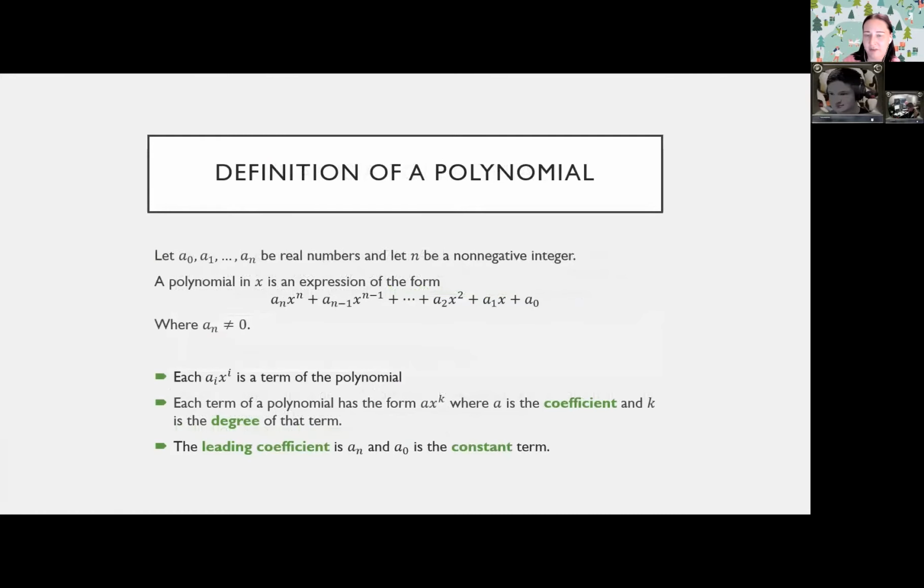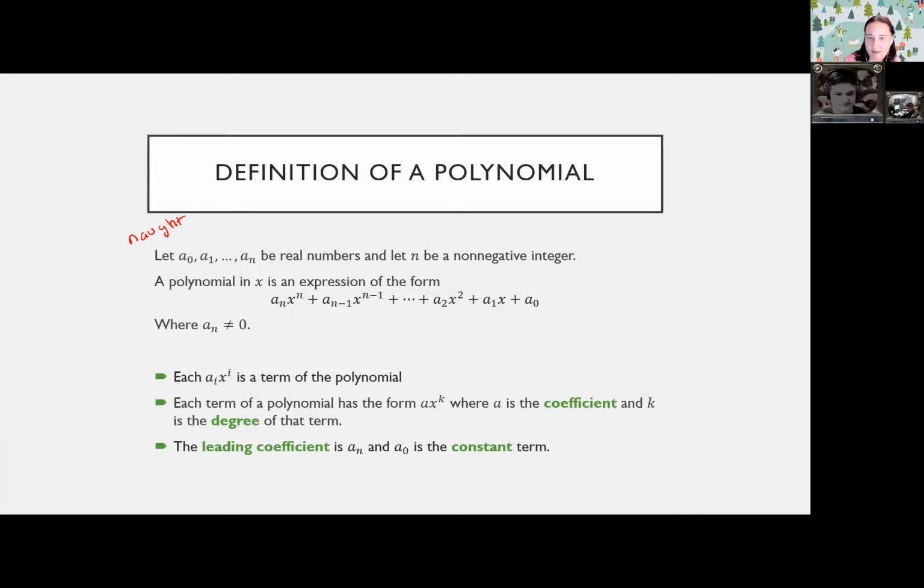So connecting that to the actual math definition of polynomial. The way that math definitions are written, the first time you're seeing one of these things, you're like, what does this mean? So we have let a naught, so that 0 that's sort of underneath a letter, that's the subscript, we pronounce that naught, which is not N-O-T, it is actually spelled N-A-U-G-H-T, an English word that is not used often anymore, but it means nothing essentially, or 0.